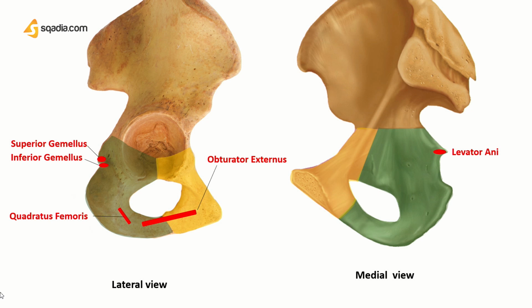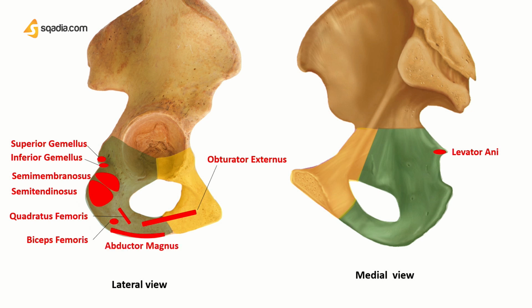Now, coming back to the ischial tuberosity, it gives origin to multiple important muscles. Superolaterally, it gives origin to semimembranosus, inferomedially to semitendinosus. Then it gives origin to the long head of biceps femoris, and the outer lower area gives origin to the adductor magnus.